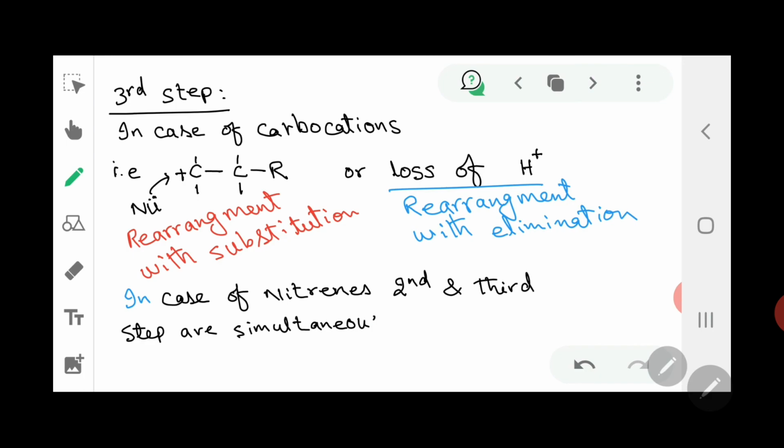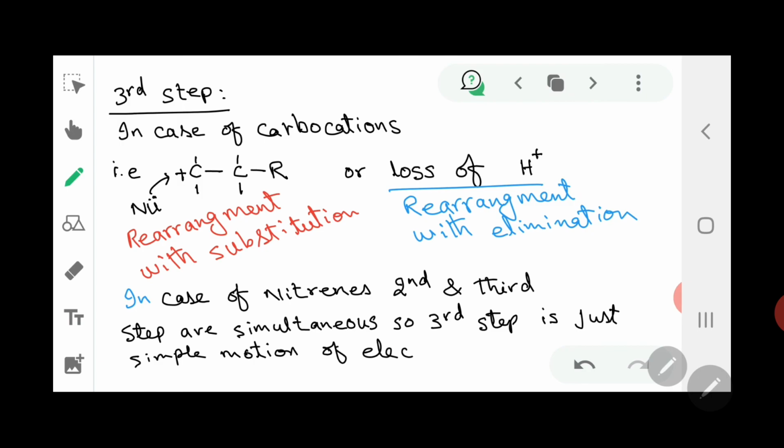So you can say the third step is just a simple motion or rearrangement of electronic pair.